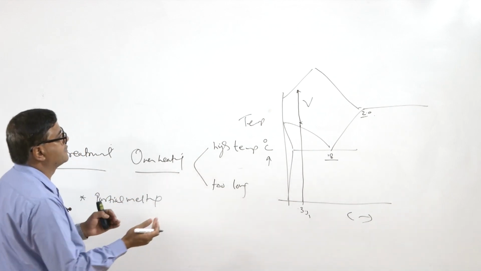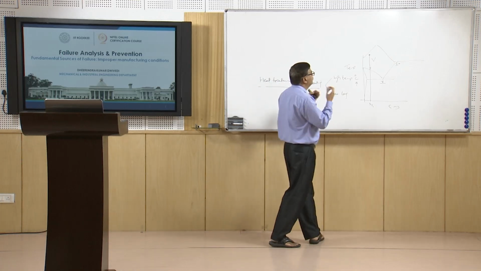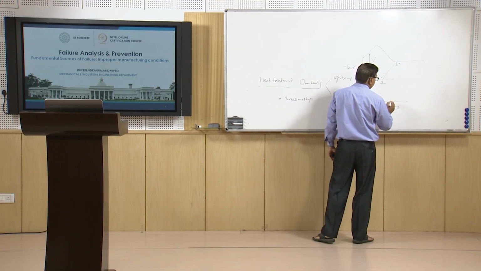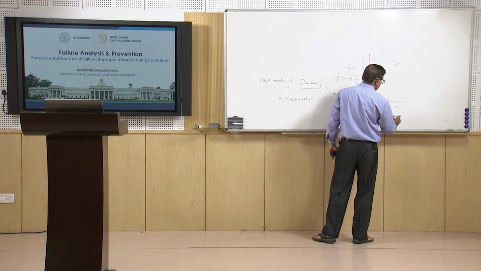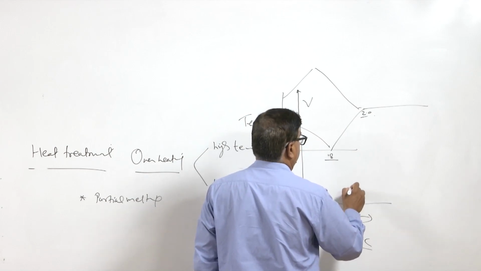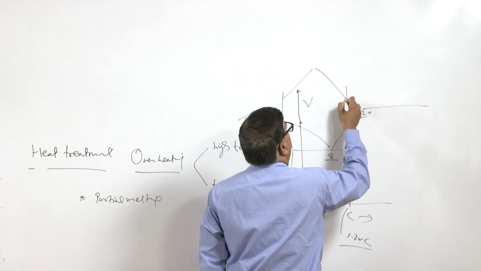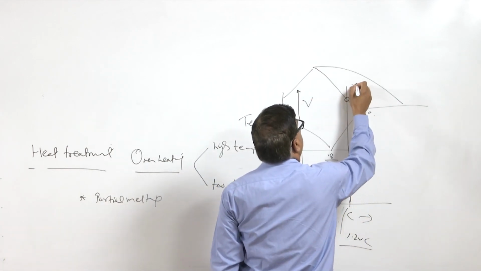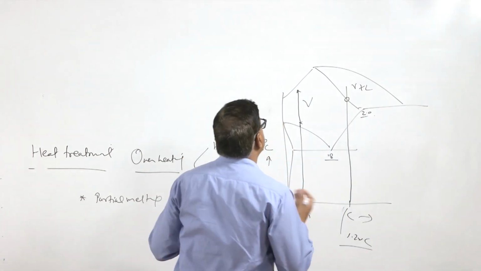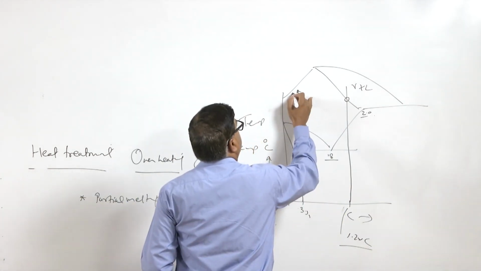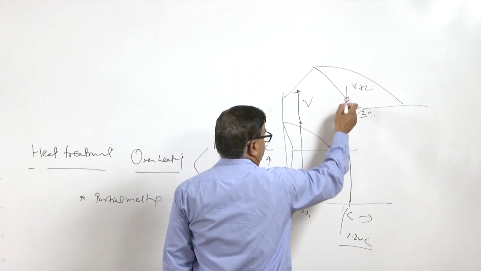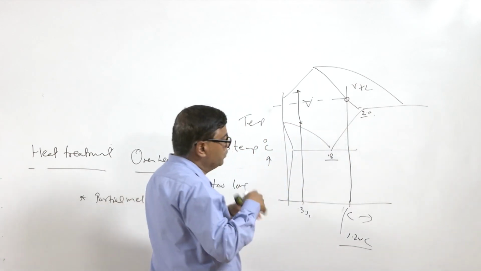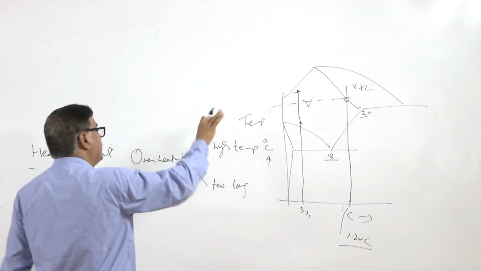This happens primarily in the case of alloys, where we have a two phase zone at high temperature. Say the steel is of the iron carbon system having 1.2% carbon, hyper-eutectoid steel. In that case, as soon as heating is performed above this temperature, we will have the two phase zone, which is gamma plus liquid. So, heating to too high a temperature, at this temperature it will not get to the molten state, but if the steel is of 1.2% carbon, it will get to the two phase stage even at a lower temperature.